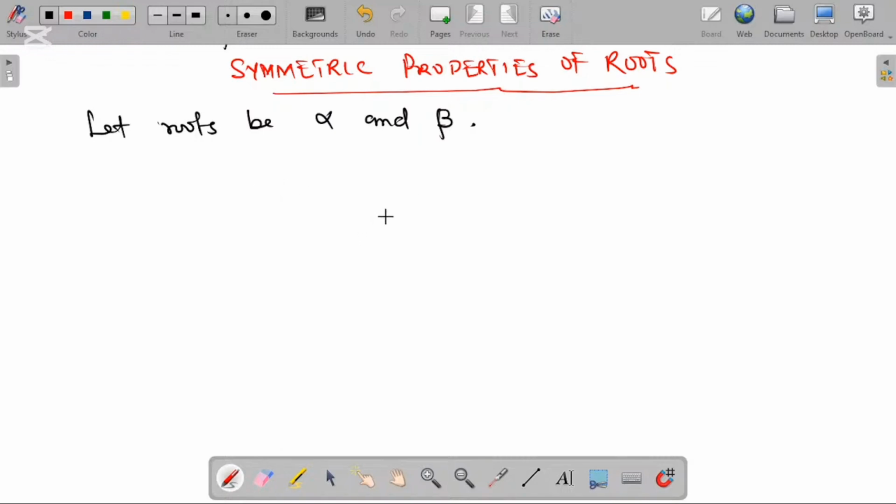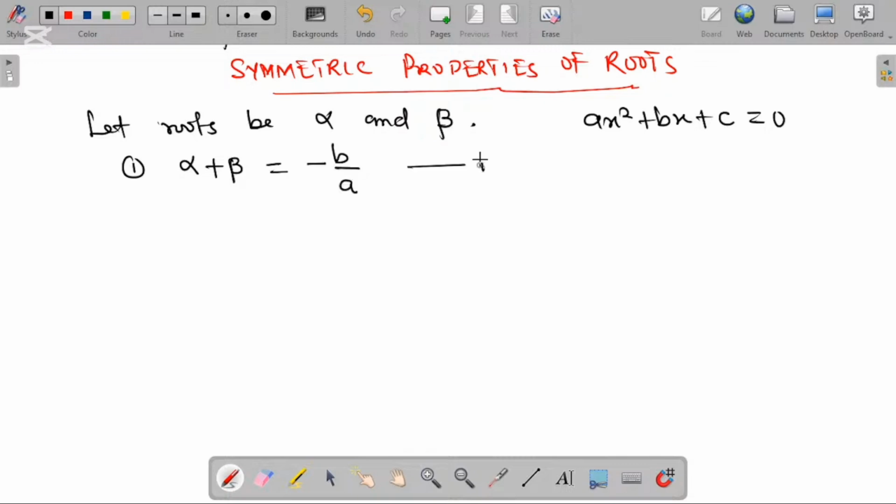And what are those relationships? Number one, remember that this is the general equation, ax squared plus bx plus c equal to 0. We saw that if you sum the two roots, you are going to get minus b all over a. You can call this equation 1.